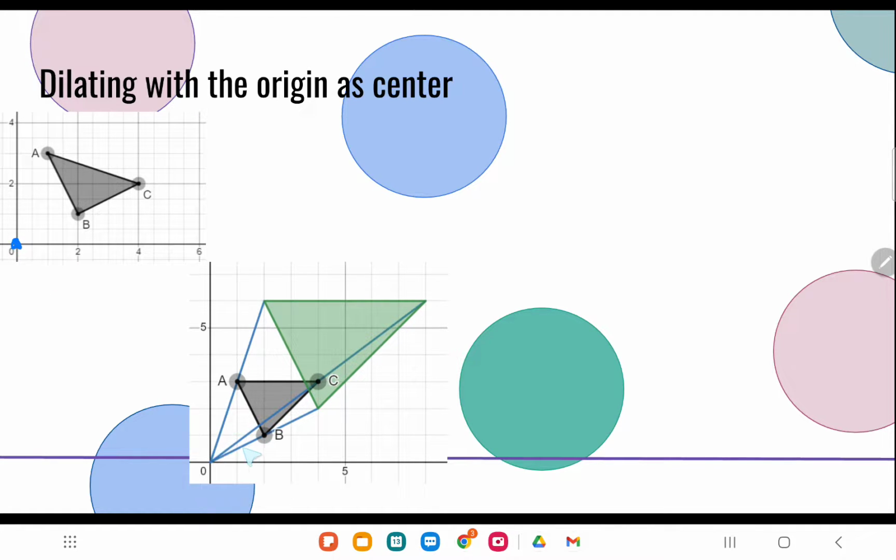We see that vectors have been drawn to A, to B, and to C, and then to an ending figure. We can do this by starting out drawing our vectors going from the origin to each of the vertices.